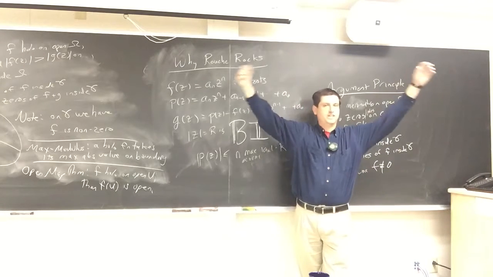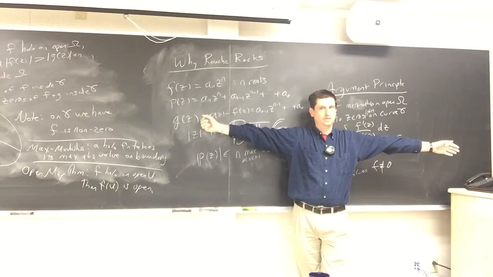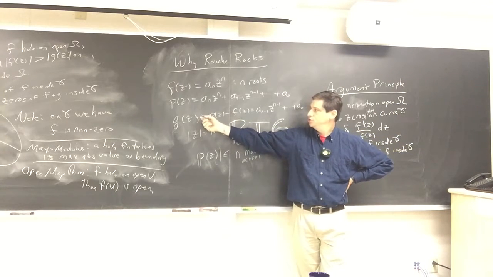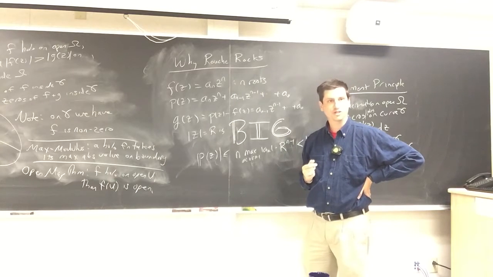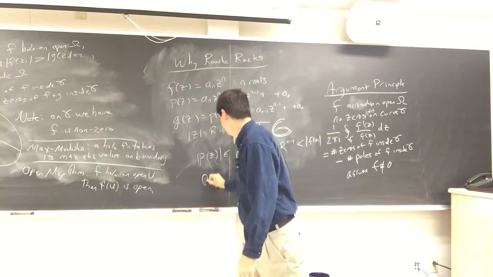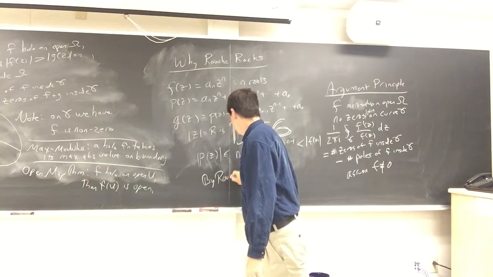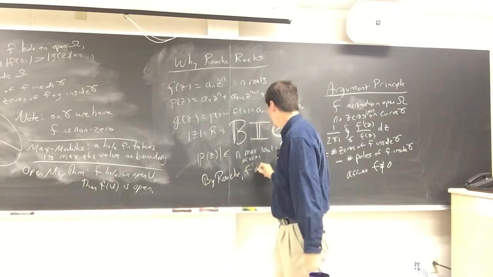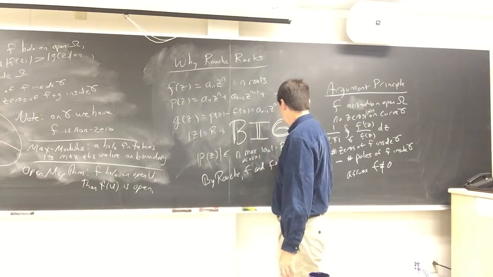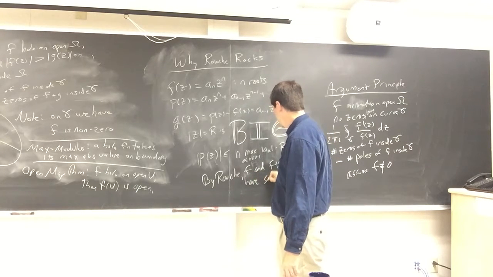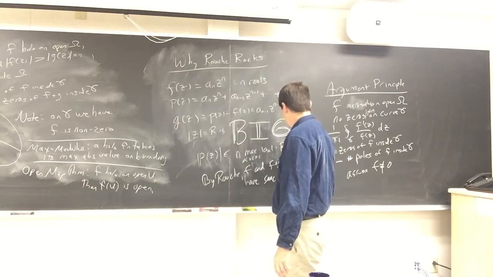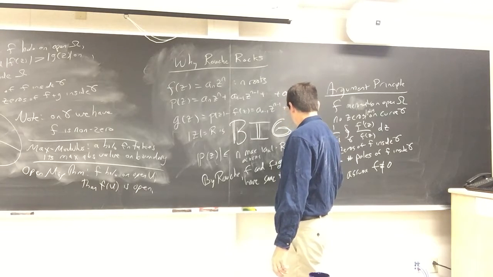So if we choose r sufficiently large, then g of z will be less than f of z on a circle of radius r. So by Rouché, f and f plus g, also known as p, have the same number of zeros.